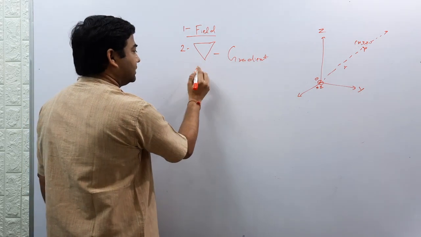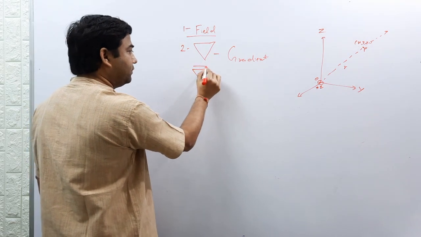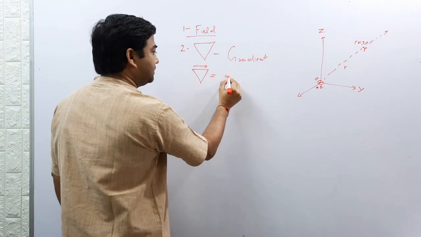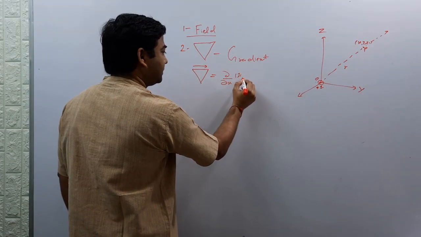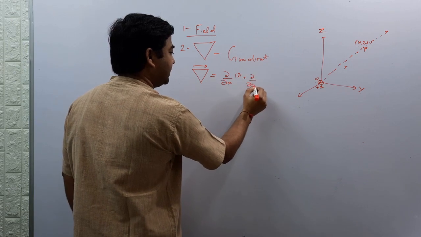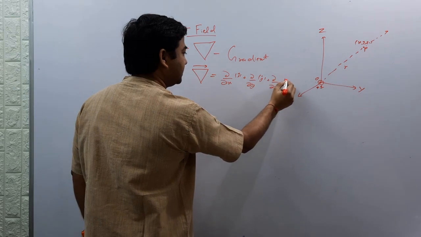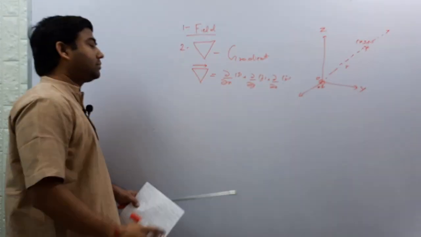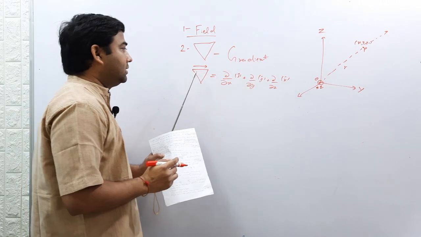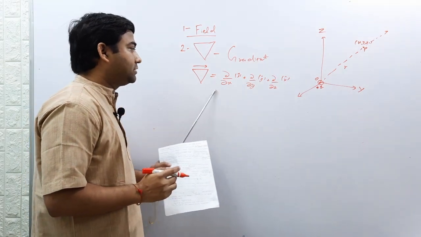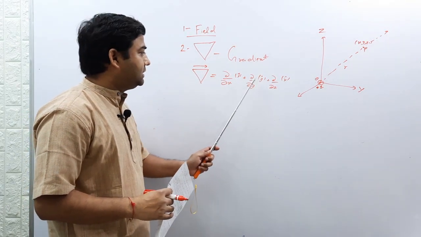This operator is called del. It is actually a vector operator, represented as del x i plus del y j plus del z k. This operator is represented by this expression, and it is a vector operator because it involves i, j, k.